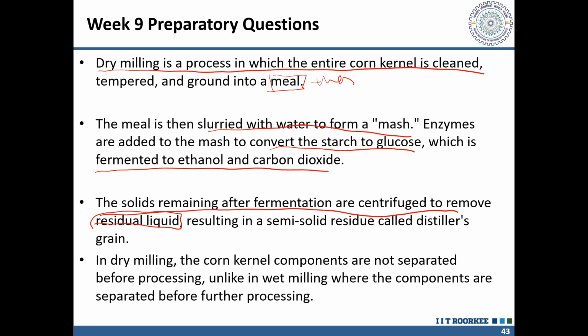So this removal of the solids is done after the fermentation in case of dry milling. In dry milling, the corn kernel components are not separated before processing, unlike wet milling where the components are separated before further processing. To understand wet milling also, I have similar questions in other slides. I will explain wet milling in the upcoming slides.